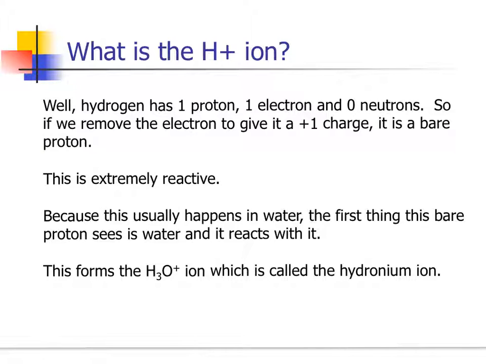Now, the hydrogen ion gets to be a little bit interesting. And it's when we look at it when it forms what's called the hydronium ion. And that's when it just has 1 proton. It's basically all it is, the hydronium ion. It is extremely reactive because all you're dealing with is just that 1 positive proton.